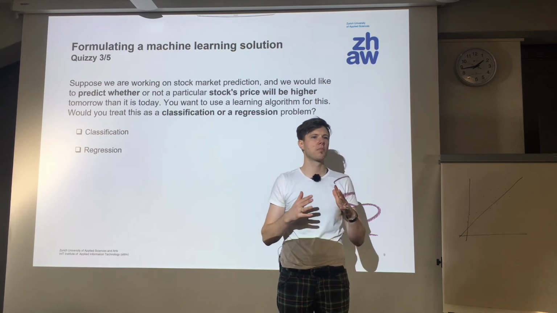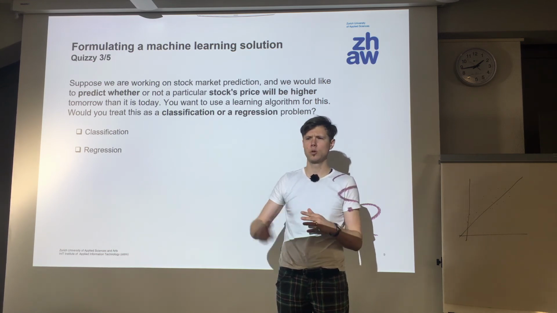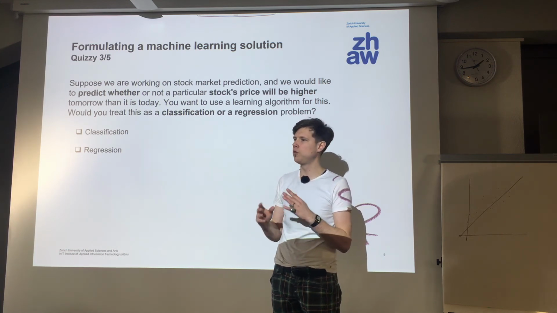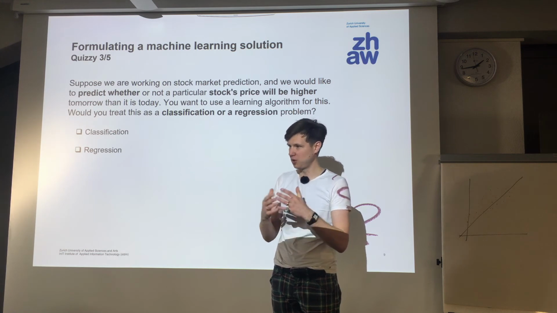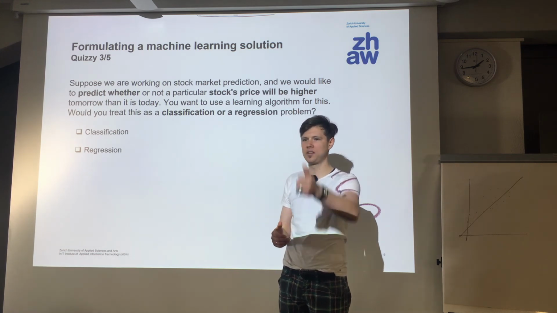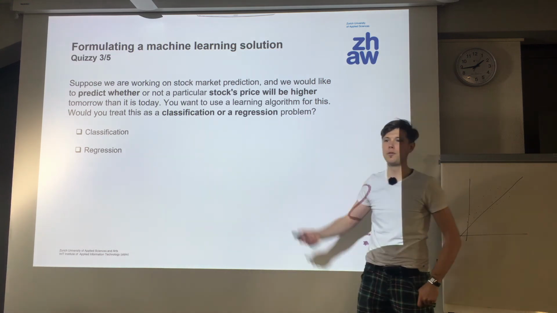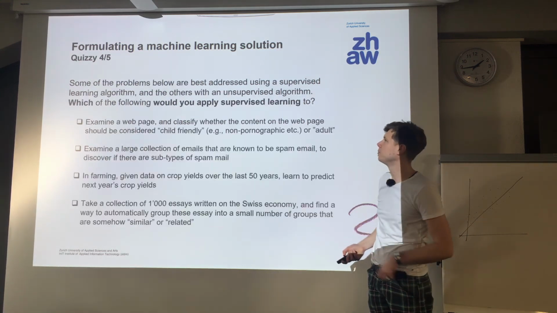I think we have the quote next week on the slides, but he basically said you shouldn't try solving a more complicated problem than you have. It usually makes your accuracies go down. So if you can treat that as binary classification, please do it.